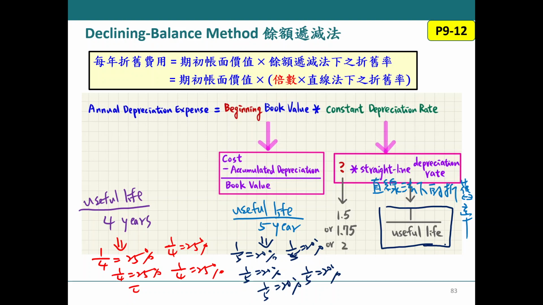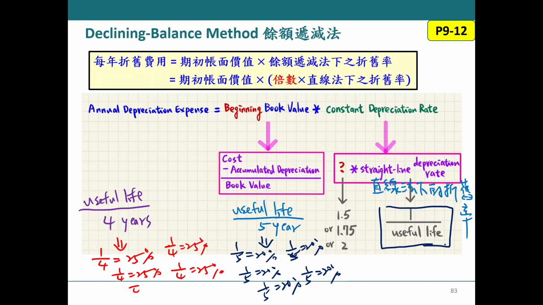Okay, so it means what? My PP&E's value decreases 20% or 25%, depending on useful life. Each year you will get the same percentage, but right now we multiply it by some times, depending on how fast your value decreases. So maybe we times 1.5, 1.75, or 2. For example, if you times 2, it means your value decreases 2 times, right? So if it's 20% times 2, what does that mean?